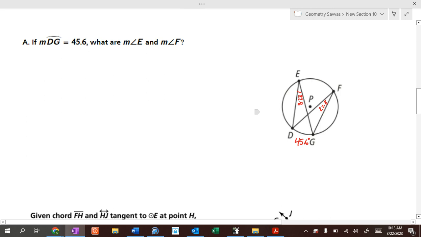Which, if there are two inscribed angles that cut off the same arc, those two angles are, what's our magic word for saying they're equal to each other in geometry? So angle E is congruent to angle F here because they're both 22.8 degrees because they both cut off the same arc. Inscribed angles that cut off the same arc are going to be congruent.